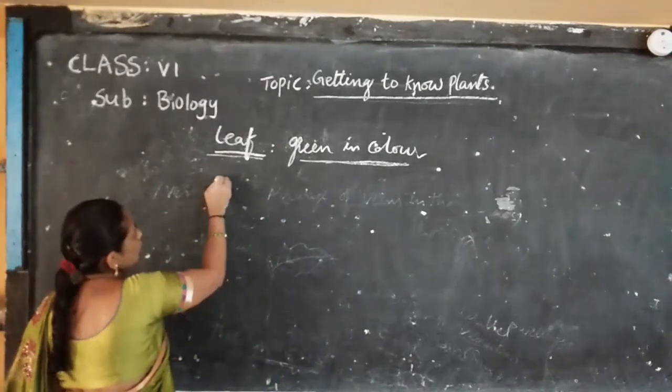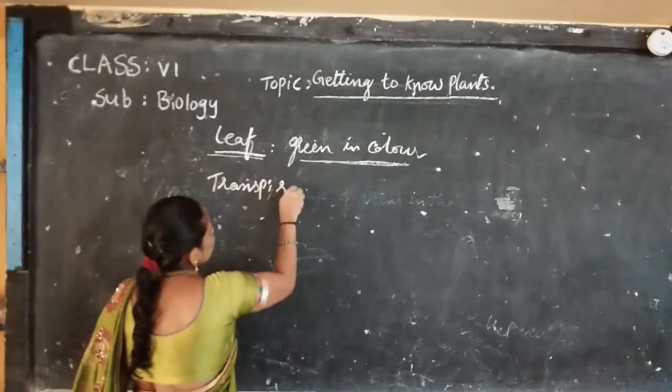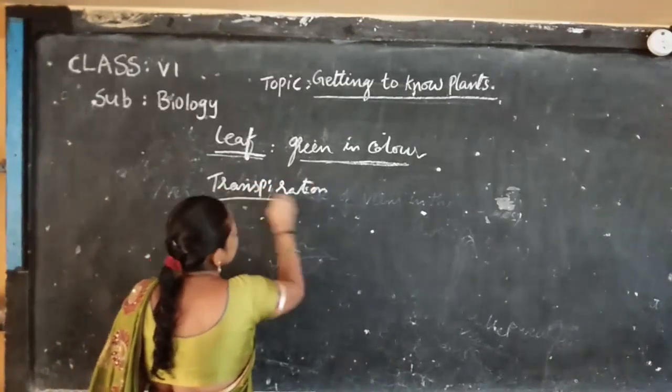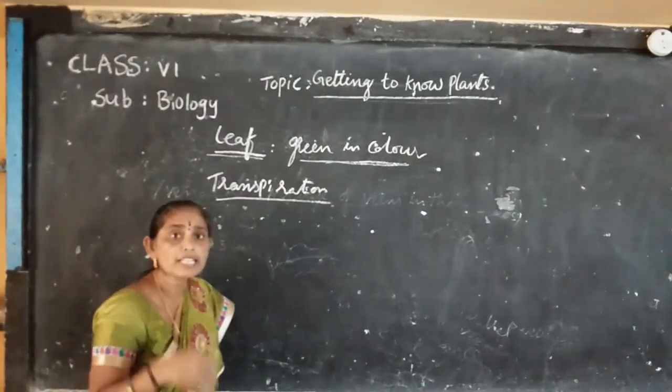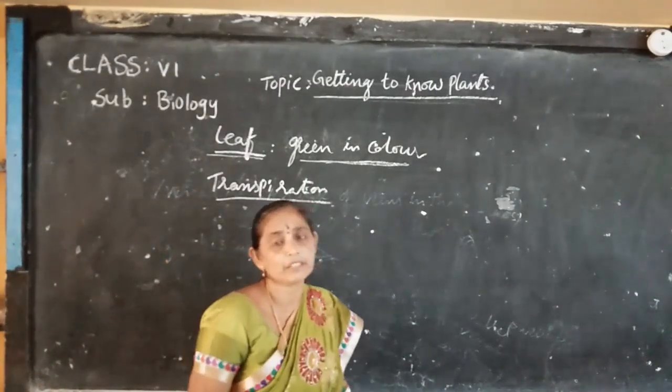Next, another one is transpiration. Transpiration means excess water being sent out of the plant in the form of water vapor.